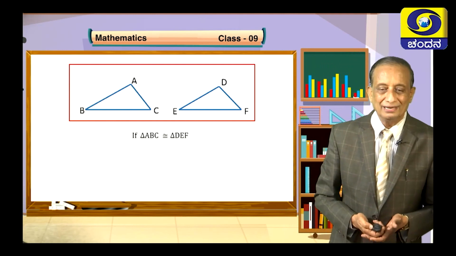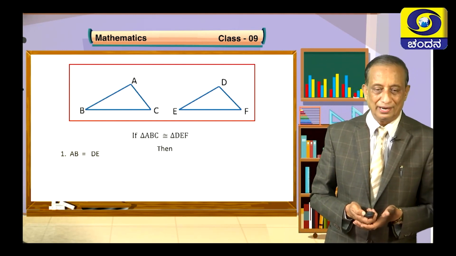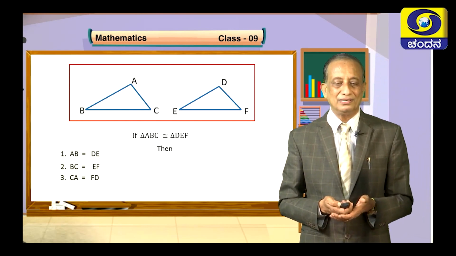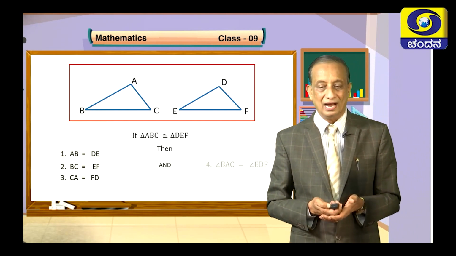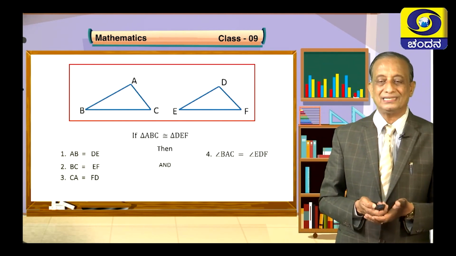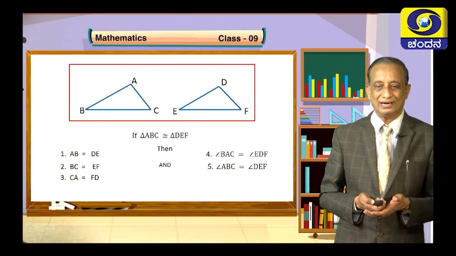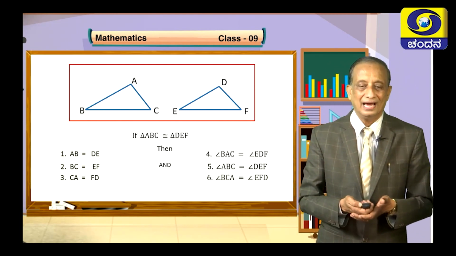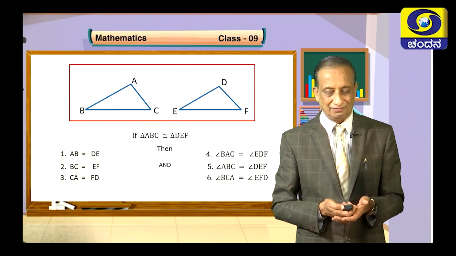If triangle ABC is congruent to triangle DEF, then side AB is equal to DE, BC is equal to EF, CA is equal to FD, and angle BAC is equal to angle EDF, angle ABC is equal to angle DEF, and finally angle BCA is equal to angle EFD.